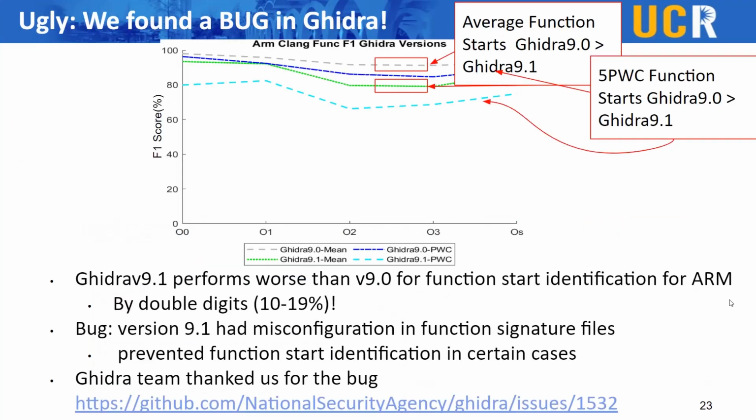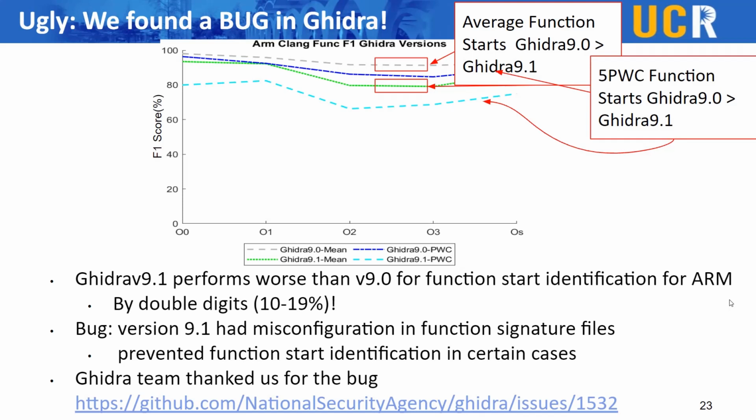In this graph, I'm showing you the extent of the bug, because in the graph on top, you can see that Ghidra 9.0 performs much better than Ghidra 9.1 for both the average as well as the 5PWC performance for all the different compilation options.